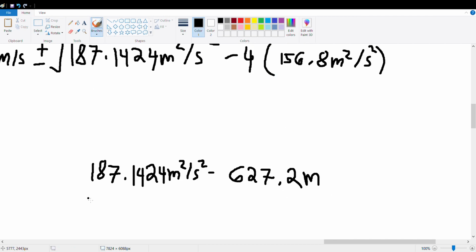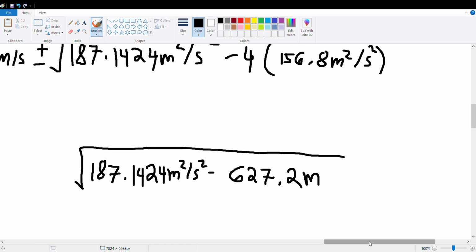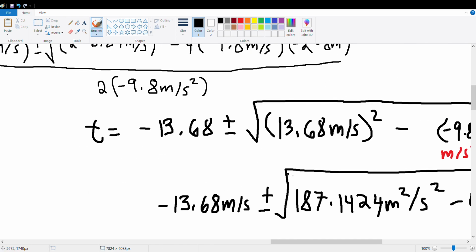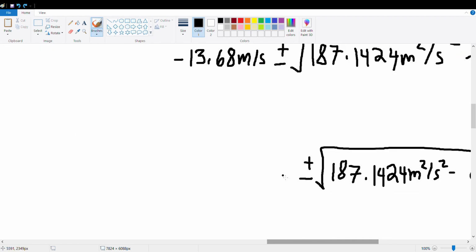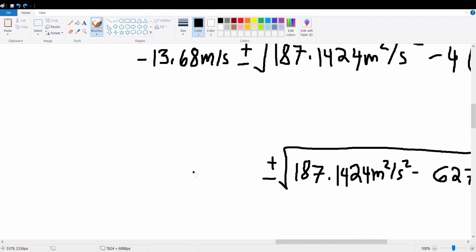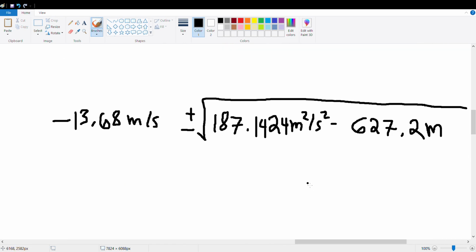Now, I'm actually only focusing on the top part first. I'm not going to do this yet because it's going to be for the final. So we do this. Meters per second. Now 187.1.